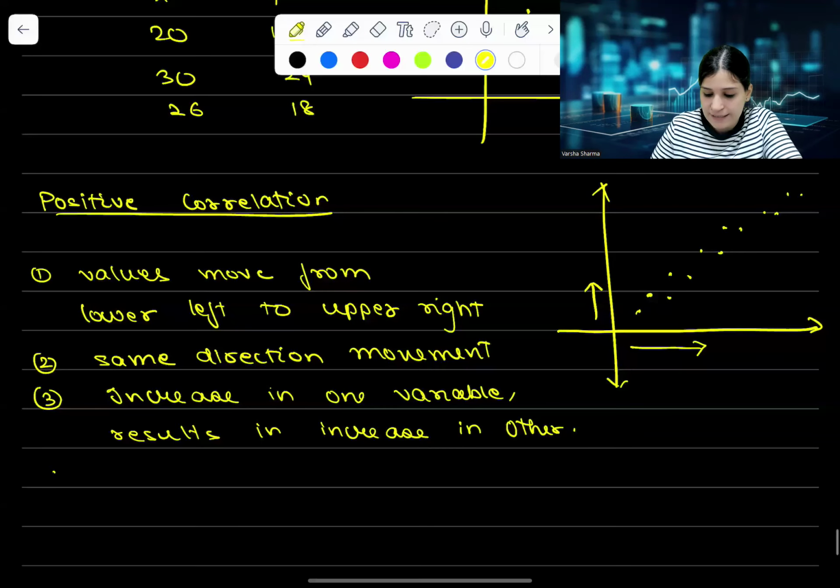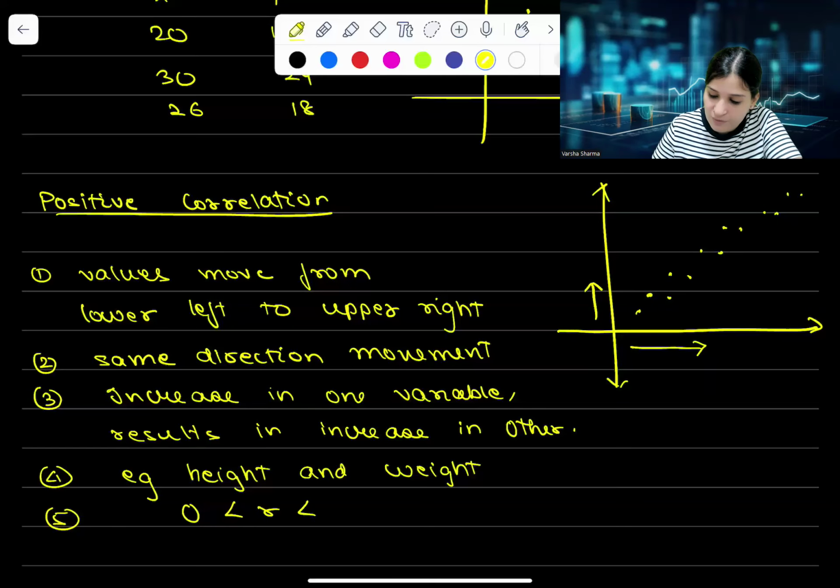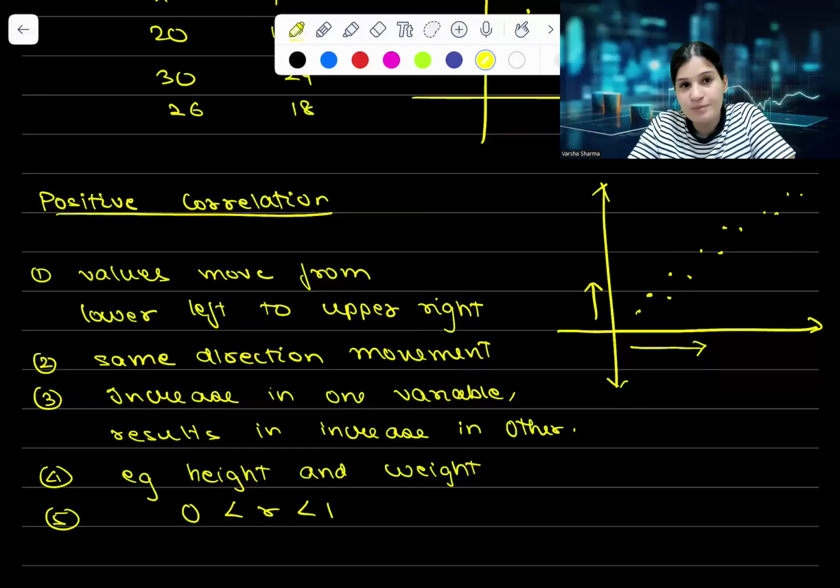For example, height and weight. And in this case, the value of r will be between 0 and 1. Everybody understood? It's pure theory, no sums.